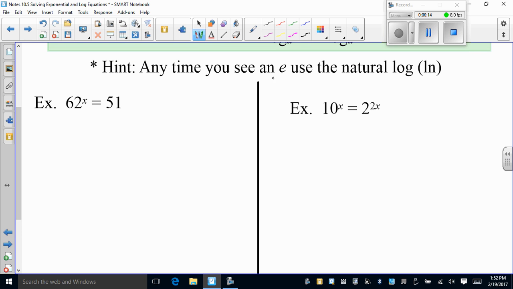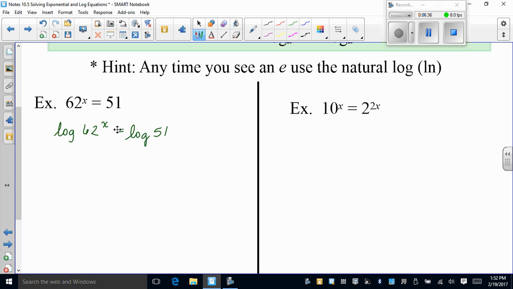So this one here, we're just going to simply write log of 62 to the x power equals log of 51. Because keep in mind, we are looking for an exponent that's going to get us where we want to be. So use the power rule to bring the x forward.